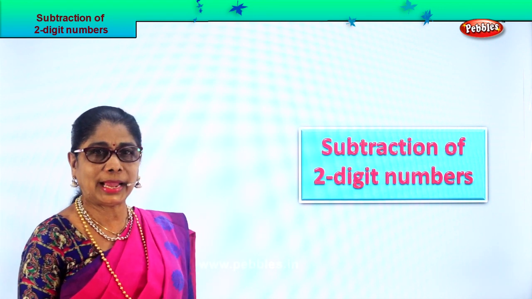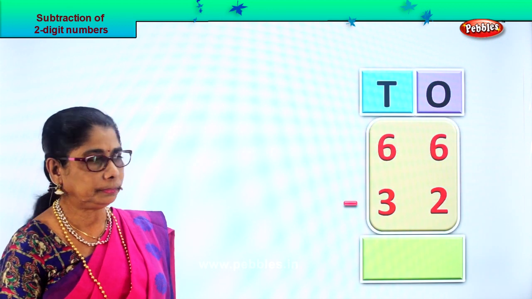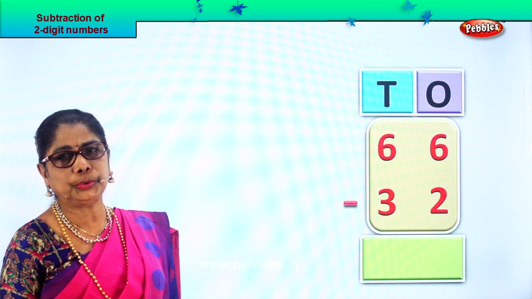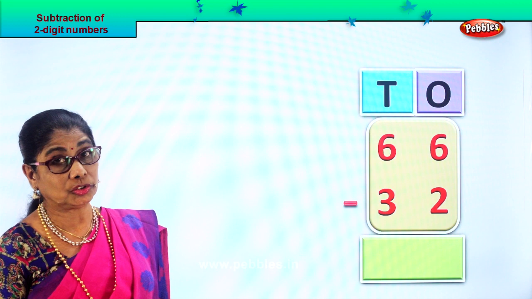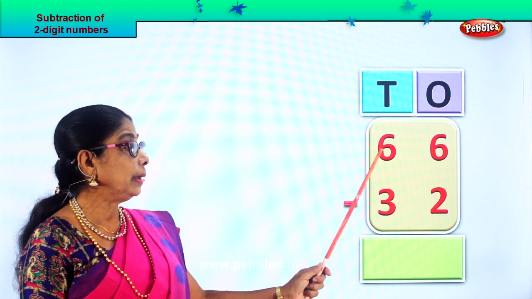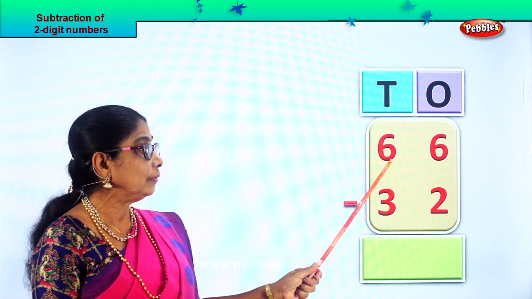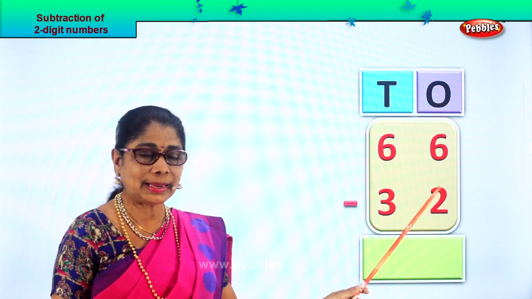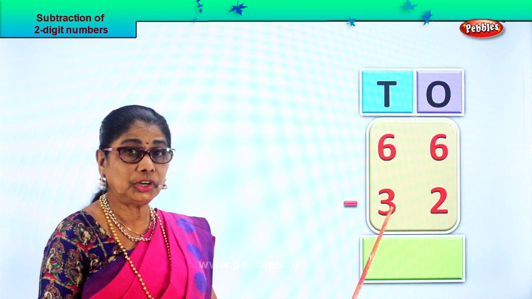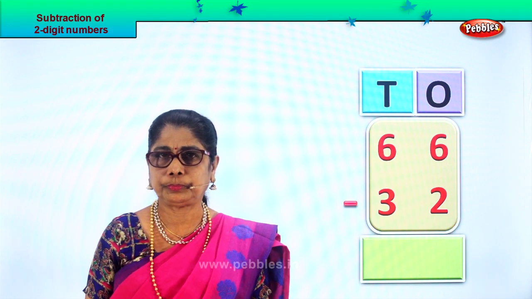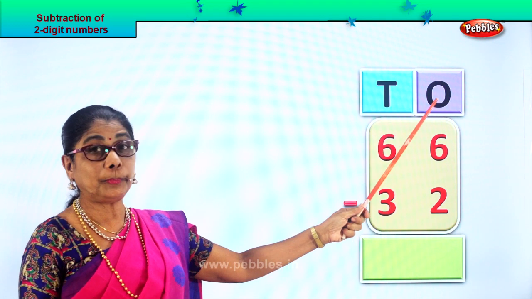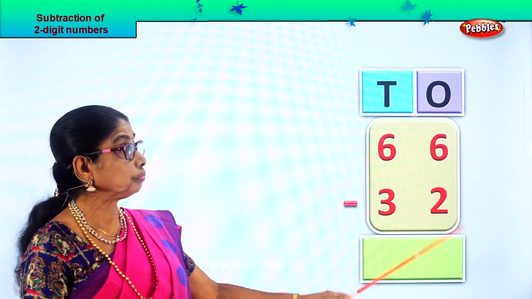Good. Let's look at our first sum. Look what's given to you. In subtraction, we should be careful. The numbers are arranged according to ones and tens. You have 66 minus 32. You have to subtract the ones first.